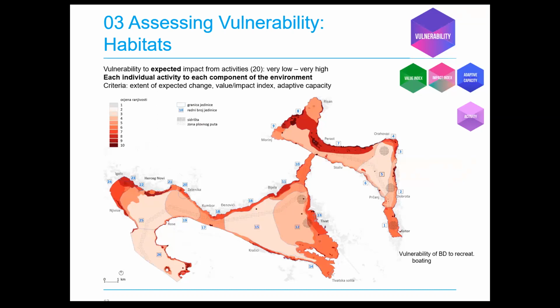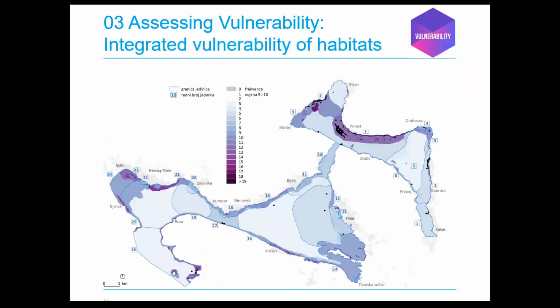Again, the darker the area shows the area where, for example in this case, habitats are most vulnerable to a specific activity. We also provided a cumulative presentation for each component of the environment, like habitats here, to all the 20 activities that we assessed.